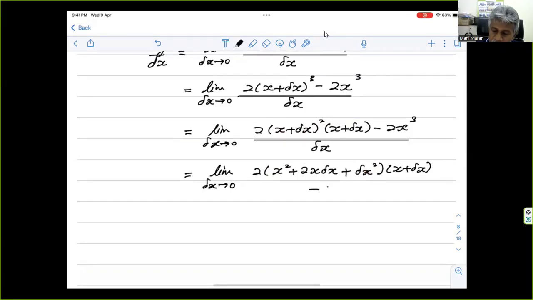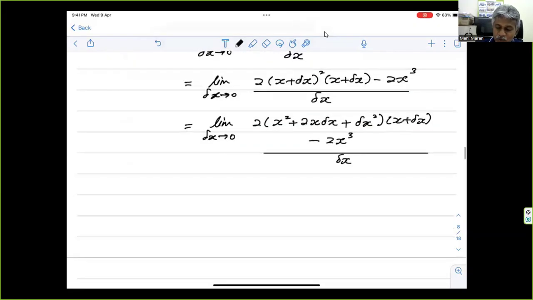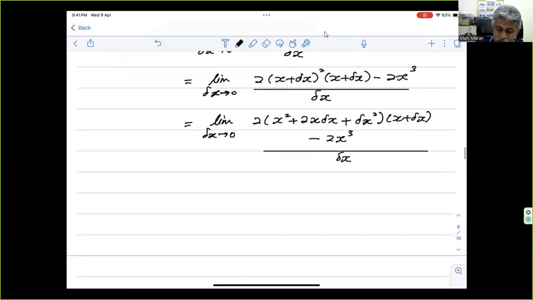So this minus 2x cubed, and then the whole thing is divided by delta x. Okay, so it's quite tedious, but try to work it out step by step. If you have time, go through it one more time again. So it's not finished yet.